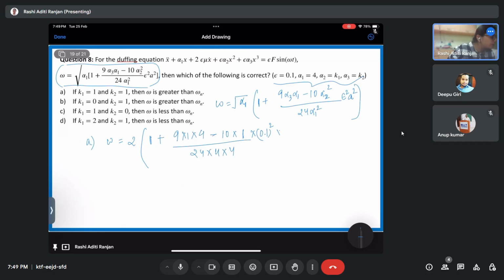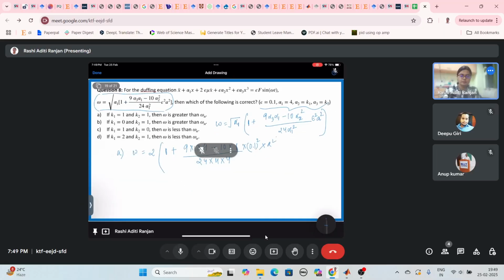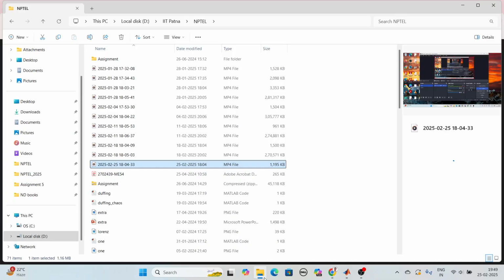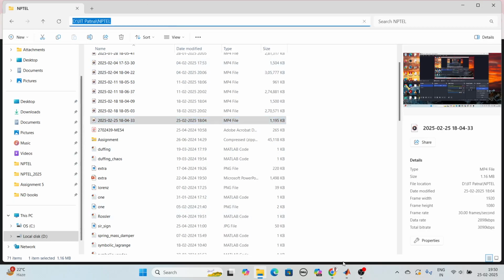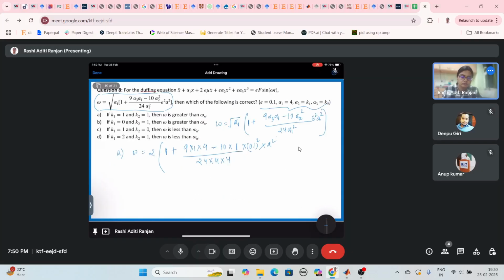Let me just recheck. No, it's fine, it will be a square only. Okay.